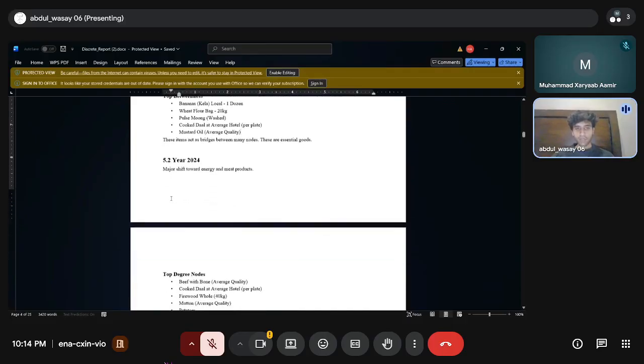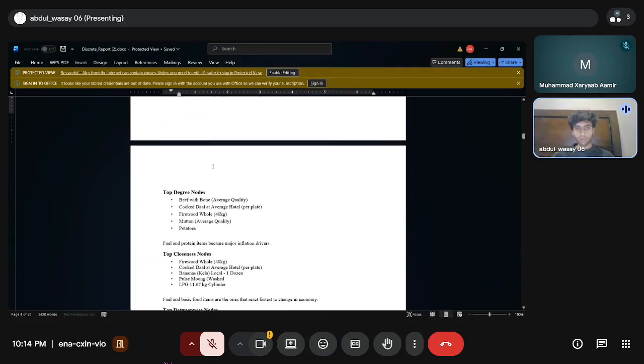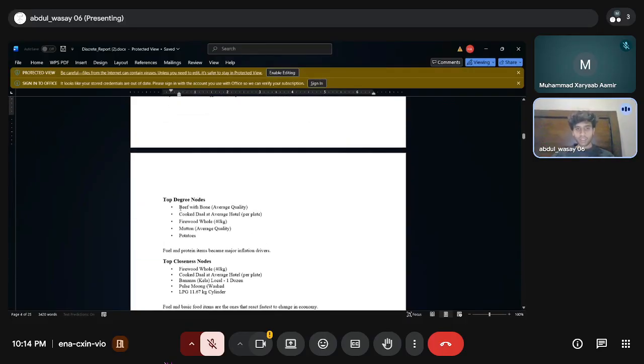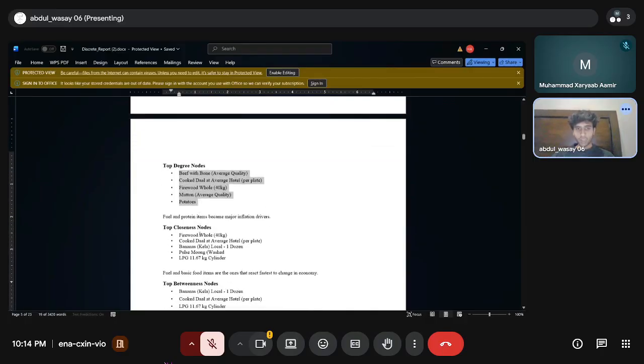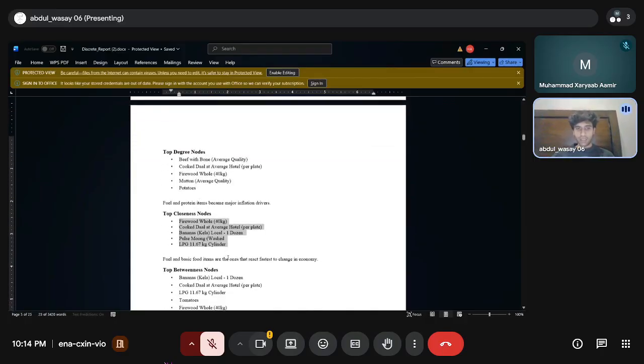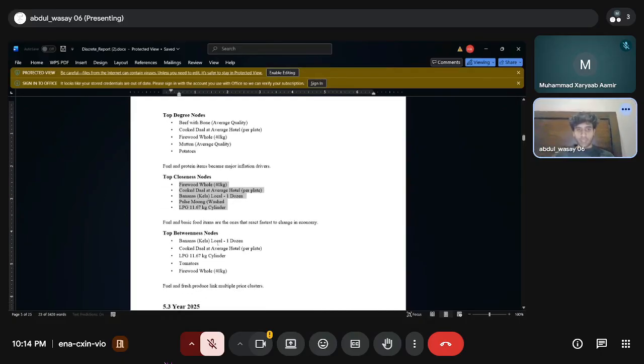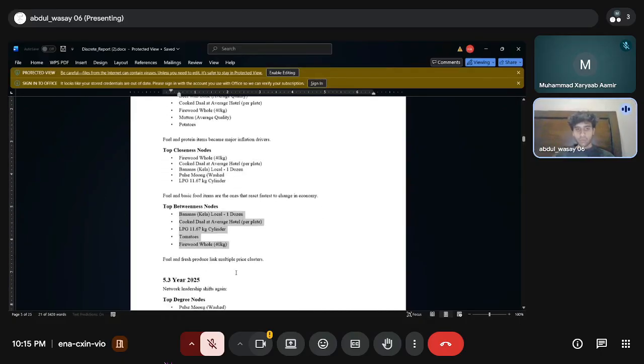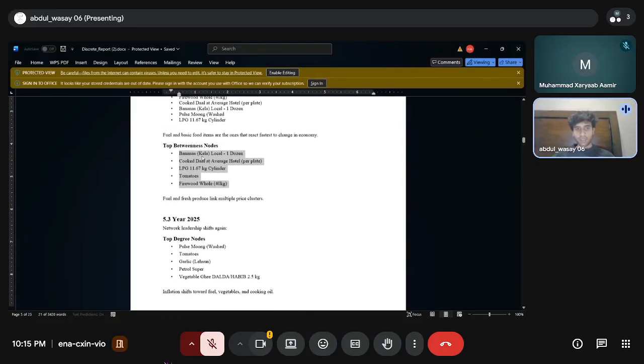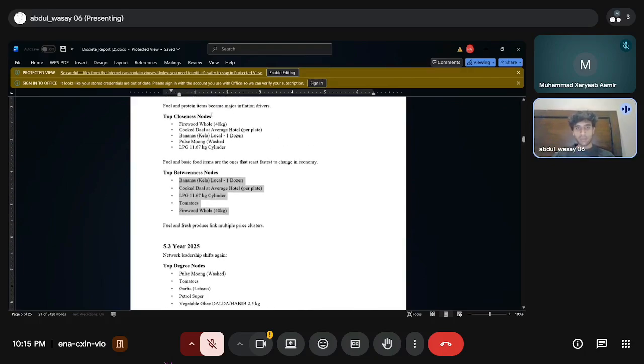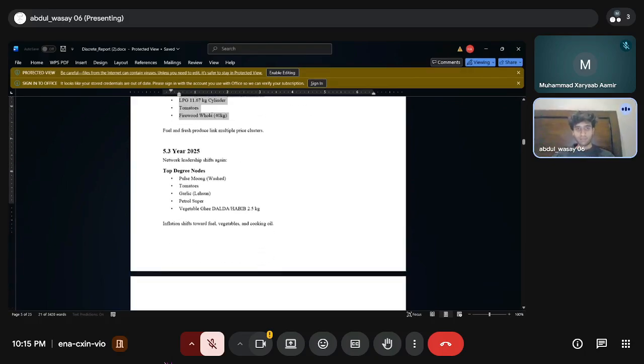We see similar trends in 2024. However, it is more focused towards food and fuel, more protein based items, and similarly for betweenness nodes too. And the trend that we saw in 2024 continues in 2025 as well.